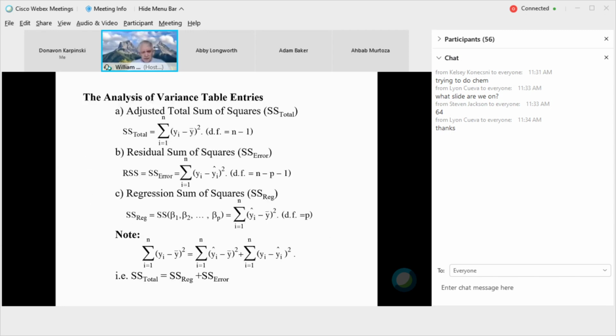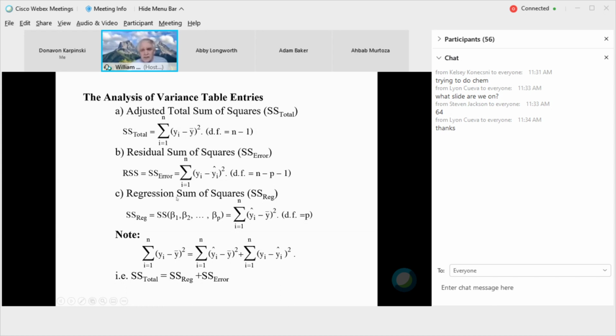Another set of statistics, the analysis of variance table. This tells you the sum of squares. This is measuring the variability in the Y values. The residual sum of squares is measuring the variability in the Y variables that's unexplained by the X variables.